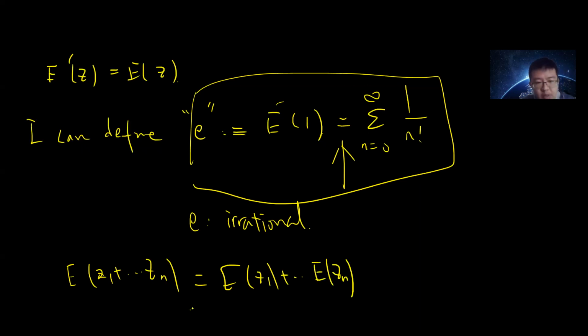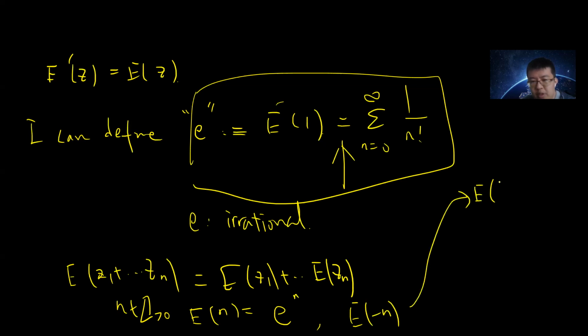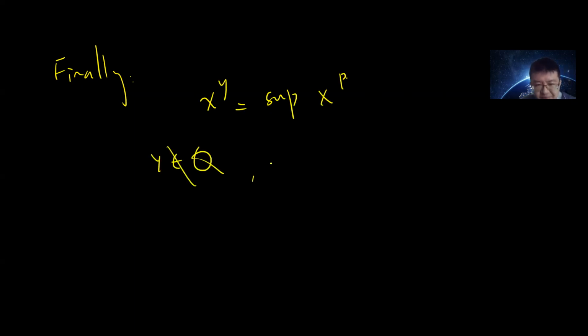So you can easily say that e of n, when n is a positive integer, is just e to the n, and then you can easily define e of negative n, and then you can easily define e of p divided by q when this is rational. Finally, you can define e of y to be the sup of e of p if y is irrational, where p is less than y and p is rational.